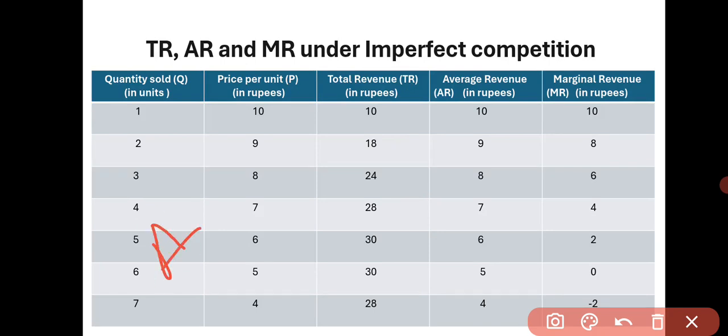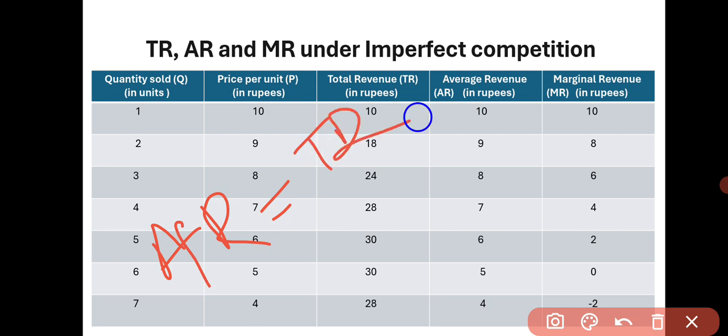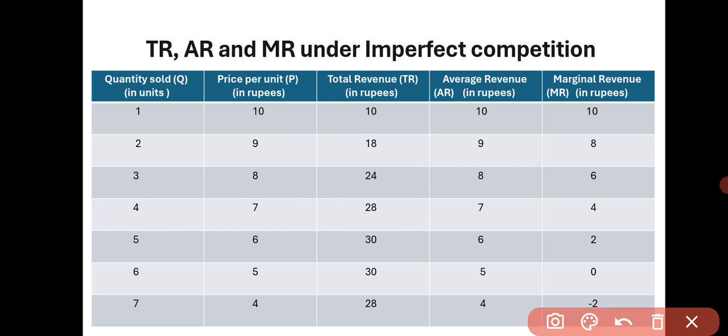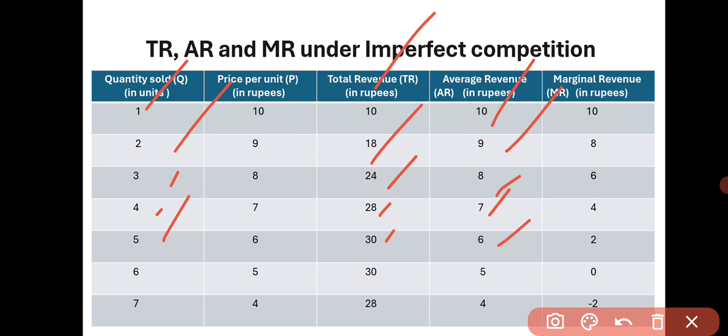We know that average revenue is equal to total revenue divided by Q, the number of quantities sold. It is calculated here likewise. Total revenue 10 by 1 is equal to 10, 18 by 2 is 9, 24 by 3 is 8, 28 by 4 is 7, 30 by 5 is 6, 30 by 6 is 5 and 28 by 7 is equal to 4.